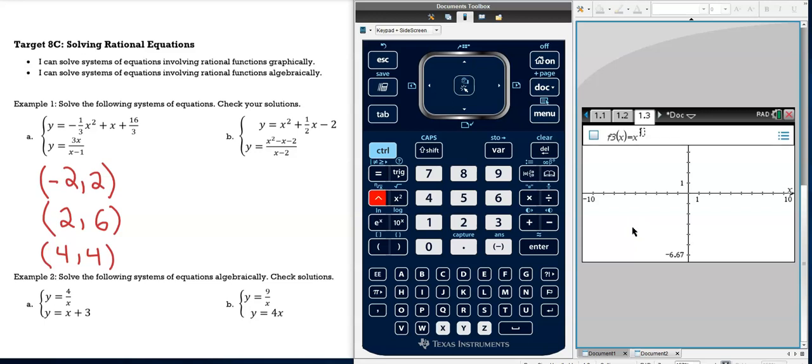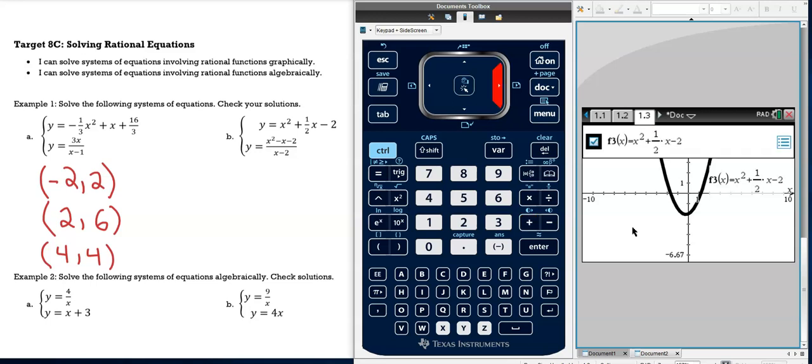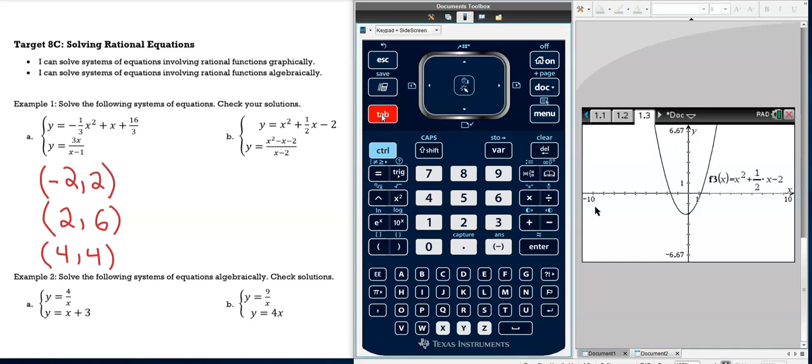So we have x to the second plus, I'm going to do this 1/2 in parentheses, you could also do 0.5, x and then minus 2. Make sure that I got that addition sign in there. That should be good. Then again, just hit tab to get another equation in there.